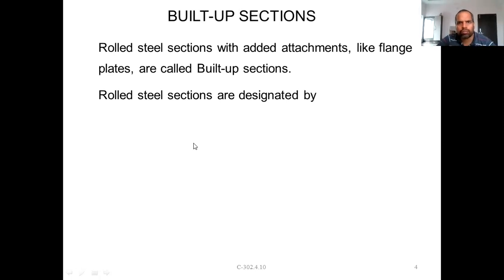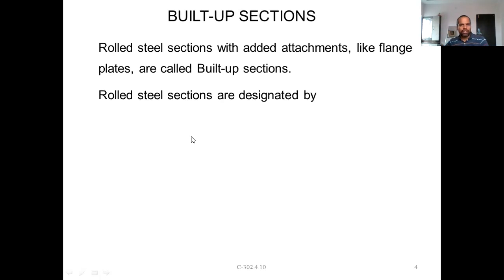Built-up sections are nothing but rolled steel sections with added attachments like flange plates. So it means rolled steel sections with added attachments. Added attachments means, in the case of single sections, some additional attachments in the form of plates, right?